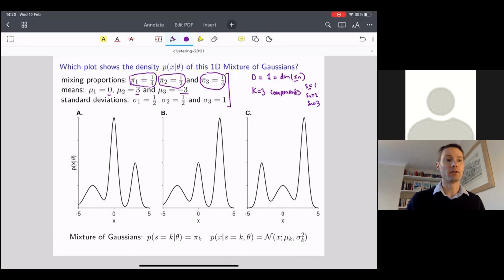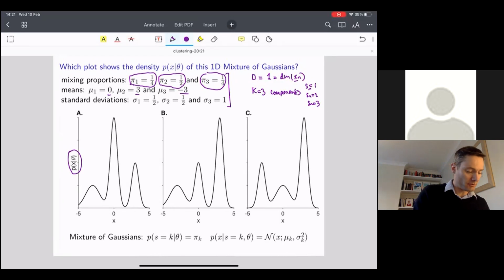What I want you to do is to go away and think about which one of the plots below shows you p of x given theta. Below are 3 different density plots over x. One of them is the correct match to the generative model above, and the other 2 are incorrect.